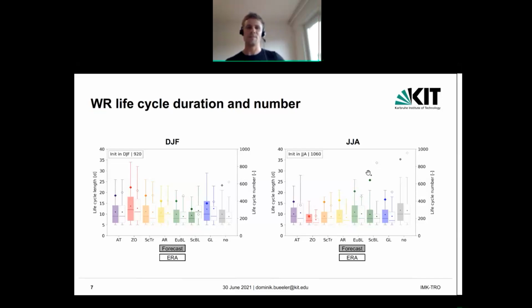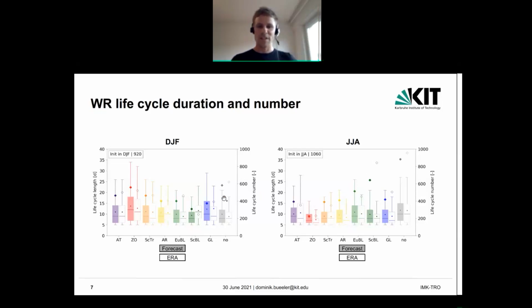And this reflects a general thing we find that I cannot show here due to time reasons, but we found that overall, even in the calibrated forecast, the large-scale biases in summer are much bigger than in winter, and this also reflects in biases in regime occurrence, of course.